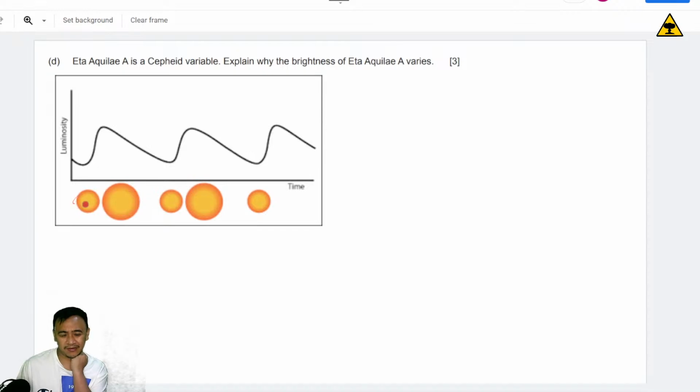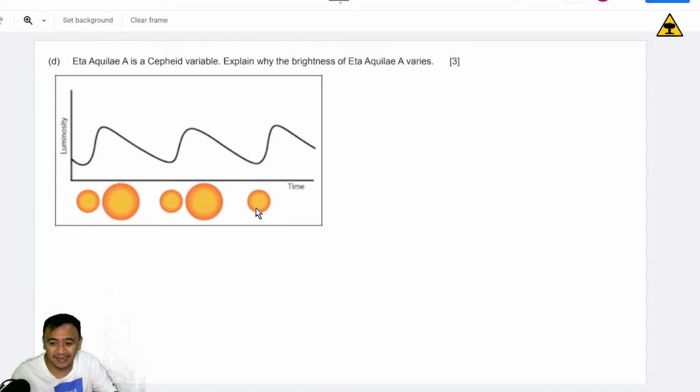It goes from small to large, big, then back to small, back to big, right, and so on. So what's changing here? The intensity, okay, the brightness. Yes, the brightness changes, but why? I think I'll just tell you now.